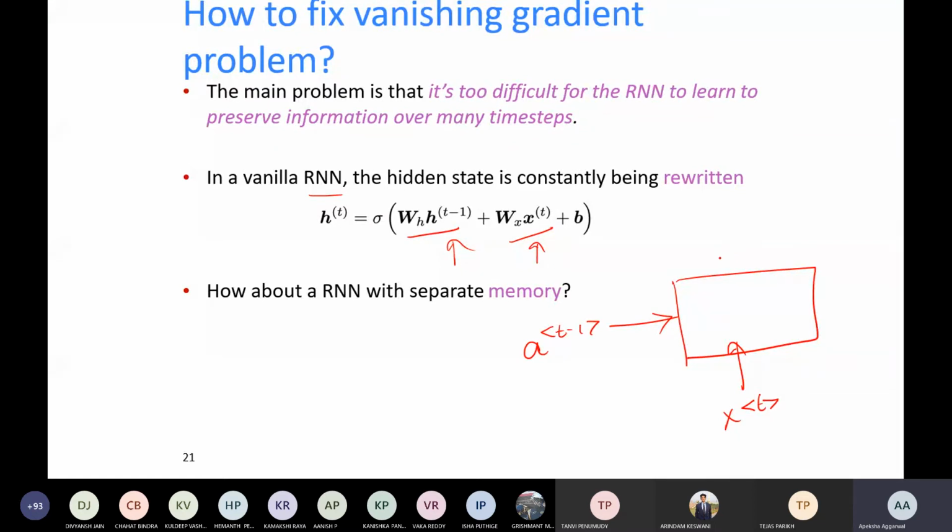We apply tanh or any other activation function. Weights are associated with these, plus we have biases. So we apply tanh to this, and what do we get as output?